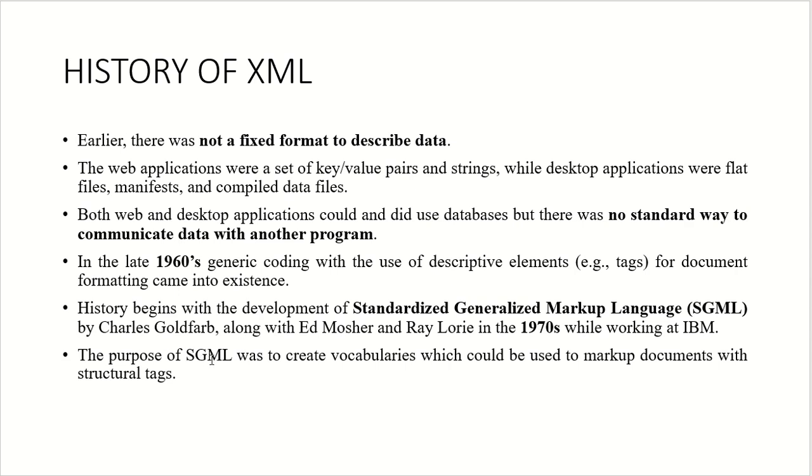The purpose of SGML was to create vocabularies which could be used to mark up documents with structural tags. Alright, the same type of tags that we have studied in our example of XML. Similarly they started creating vocabularies. Creating vocabularies means checking the text and giving it markup so that it becomes known what the text is. Alright.